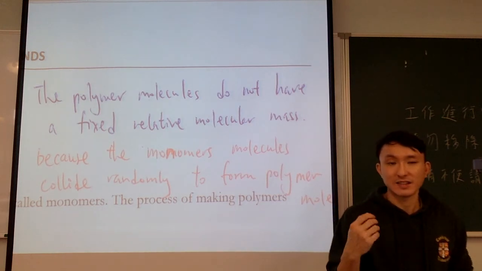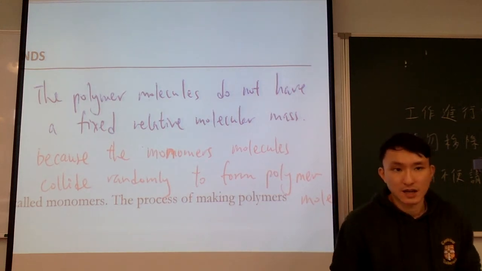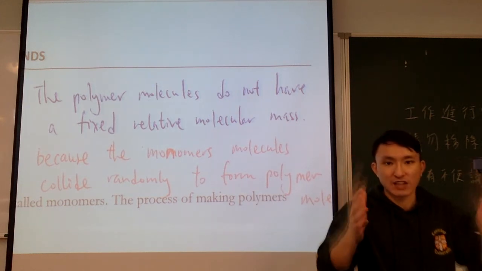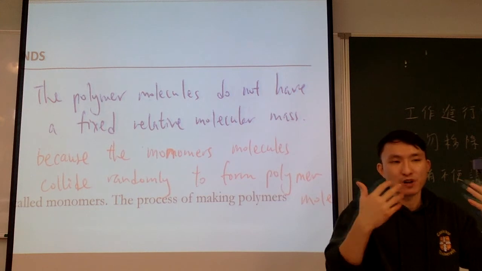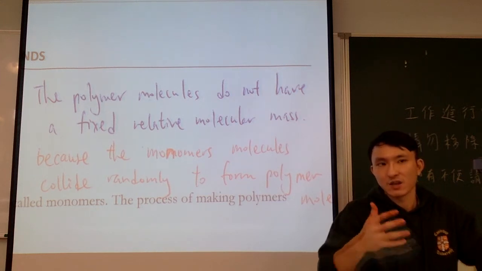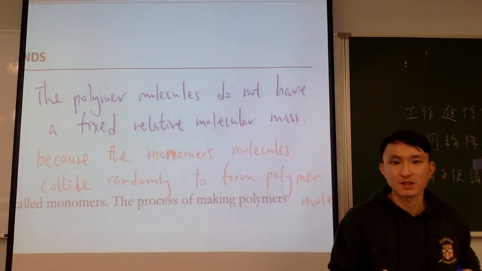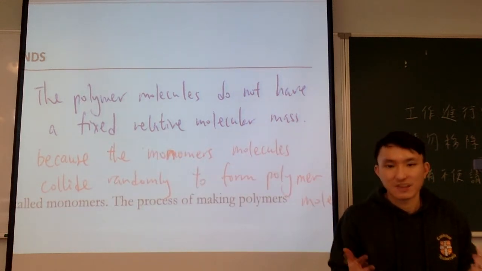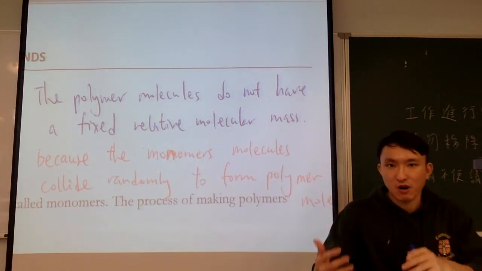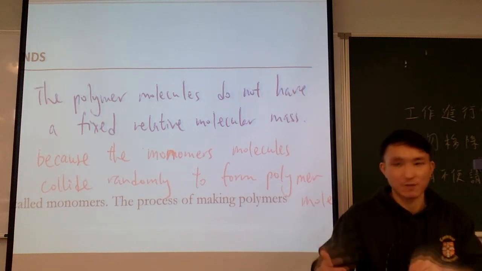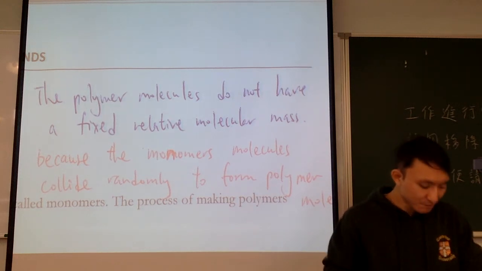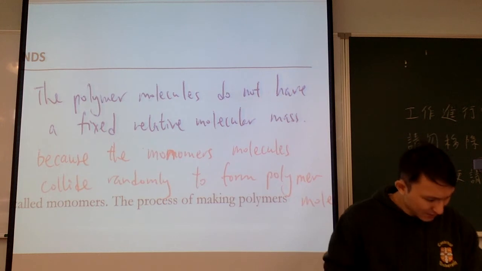But of course, in industry, they can adjust the reaction conditions so that you will have the product polymer molecules within an expected range of relative molecular mass or chain length. Because that would affect the property of the plastic, the property of the polymer that you form. Okay? So that's the idea.